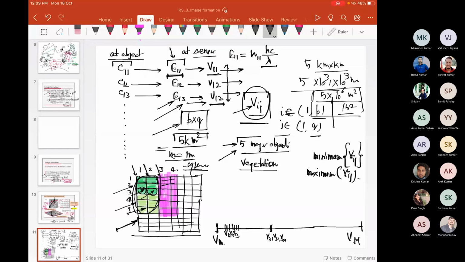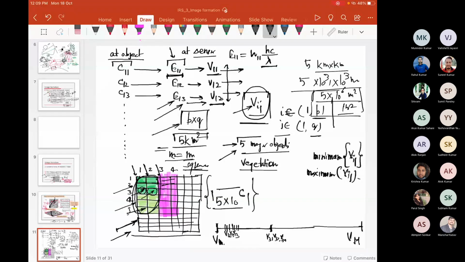Okay. So 5 into 10 to the power 6 unique voltages are generated, and if you want to assign a unique digital number to each voltage, then how many unique decimal numbers are required to represent each voltage? 5 into 10 to the power 6 unique decimal numbers are required.